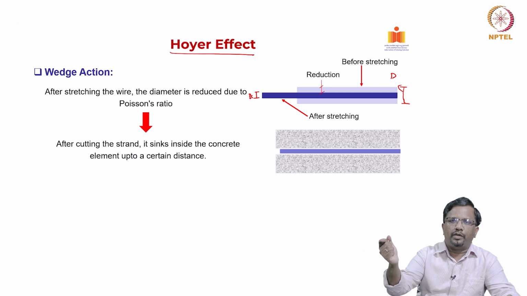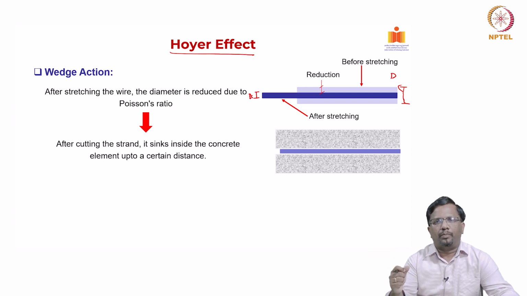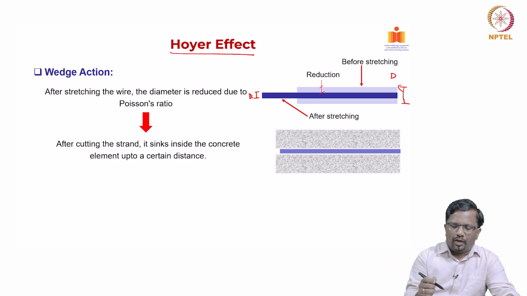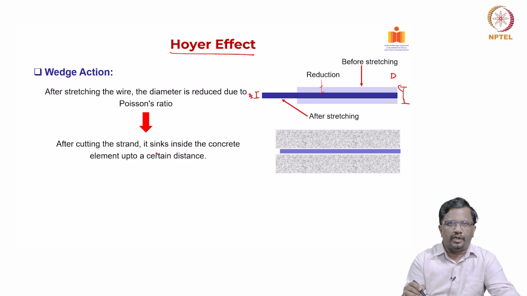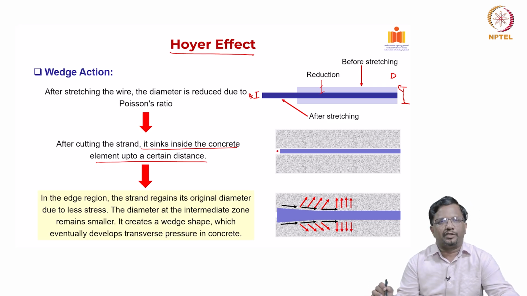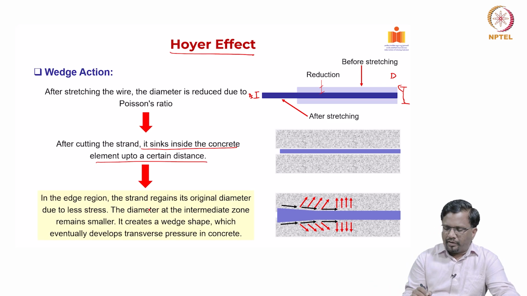Though you are applying tension in the longitudinal direction, there is going to be shortening of the diameter. After cutting the strand, as we have discussed previously, the pre-stressing steel sinks inside the concrete up to a certain distance in the end region. Because the stress is not there, the strand regains its original diameter d due to less stress.